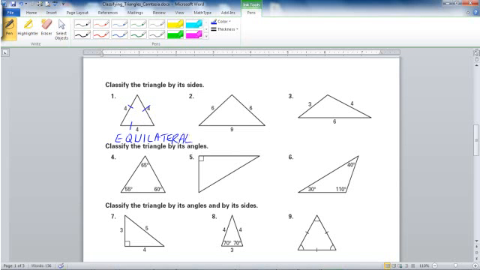And then we've got two sides here congruent, which we're going to call isosceles. And then no sides are congruent, which we refer to as scalene.